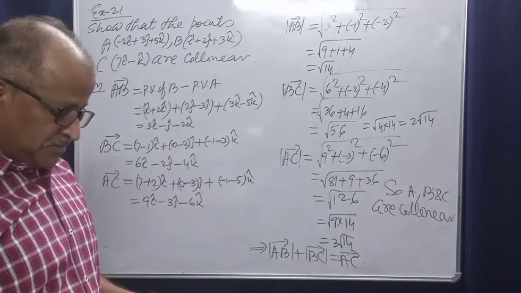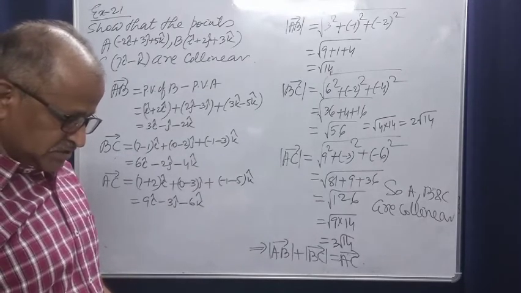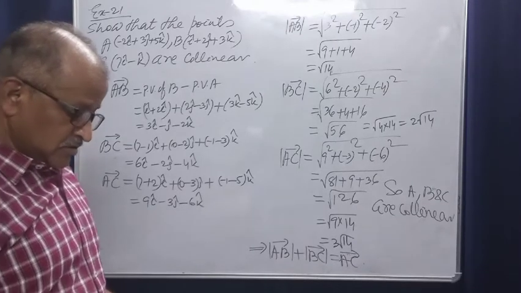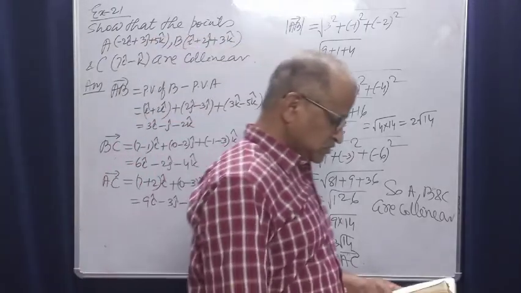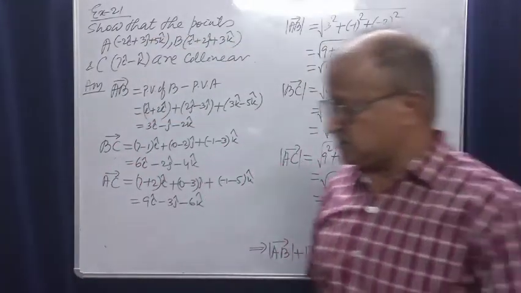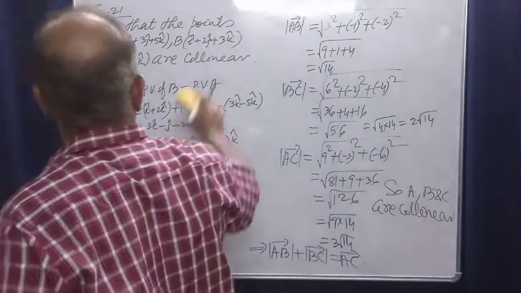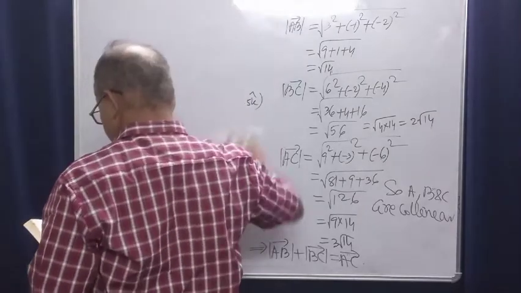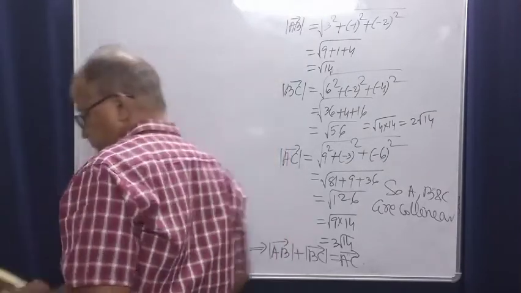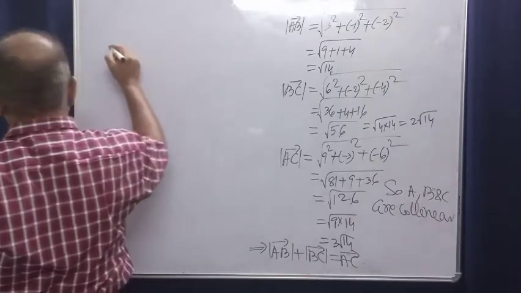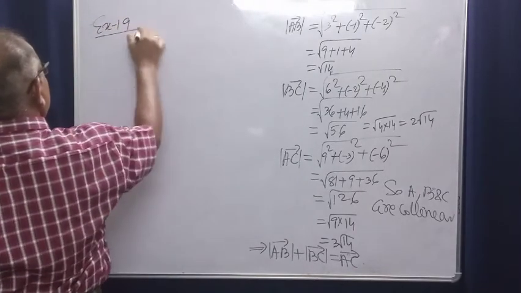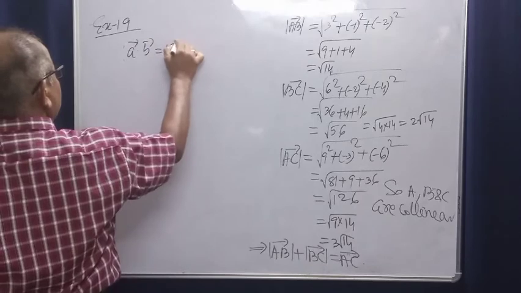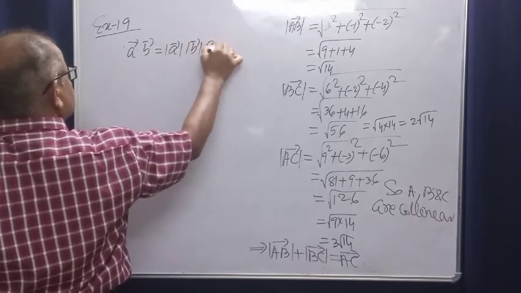Only one example is left, that is example 19, the Cauchy Schwarz inequality. What is that? We know that magnitude of A dot B is equal to magnitude of A, magnitude of B cos theta.